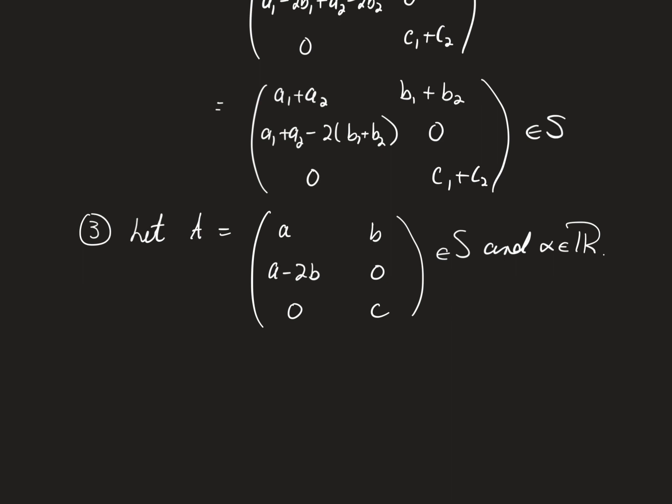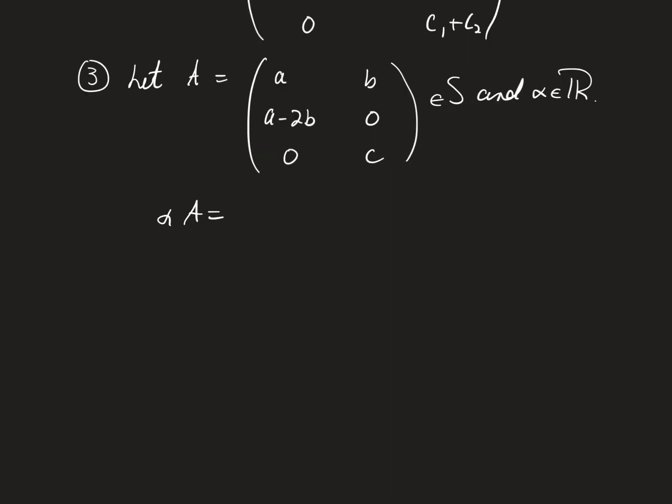Now I need to show that alpha times A belongs to S, and alpha times A is equal to that, and I need to make it more clear that this belongs to S, so I'm going to rewrite that one entry.